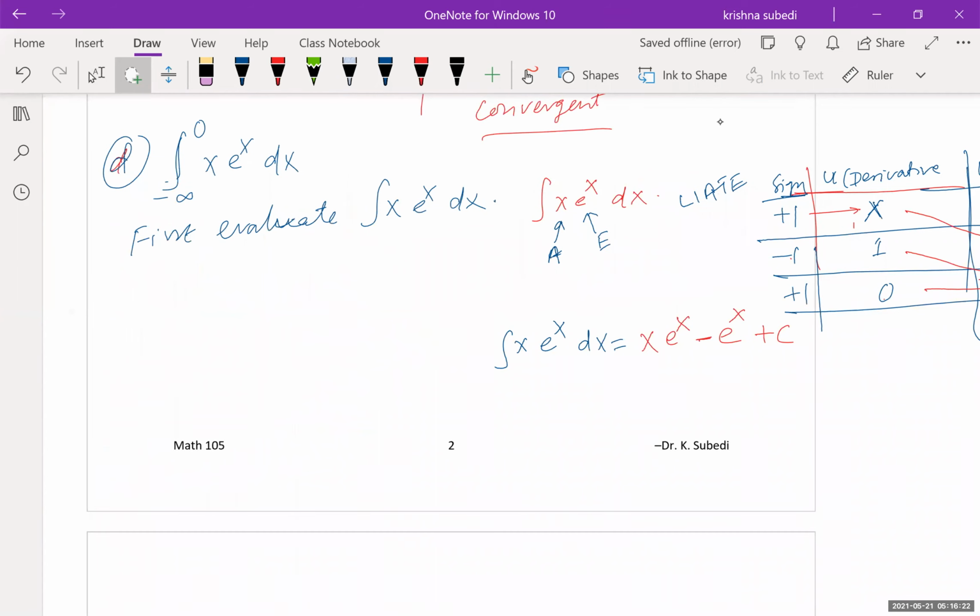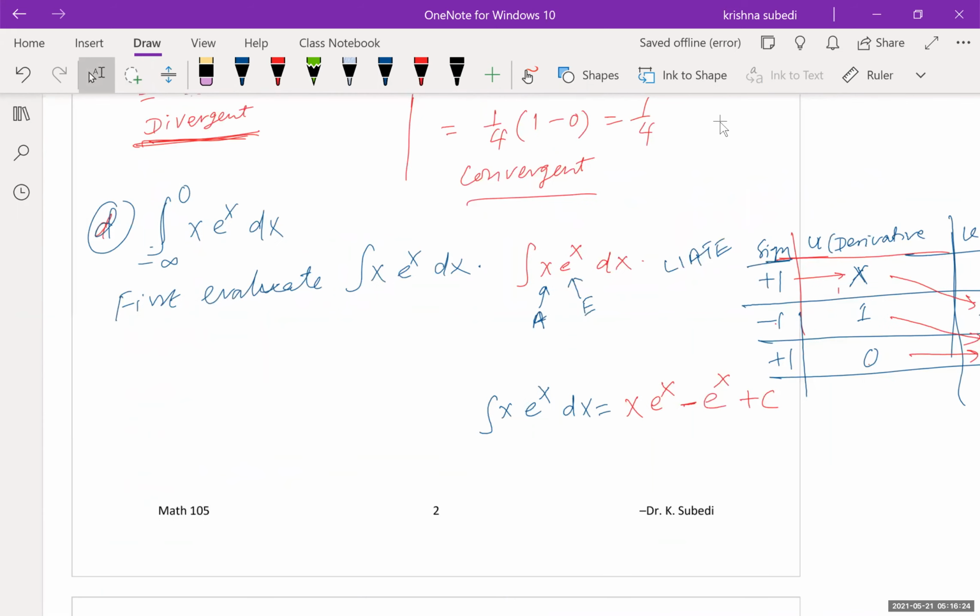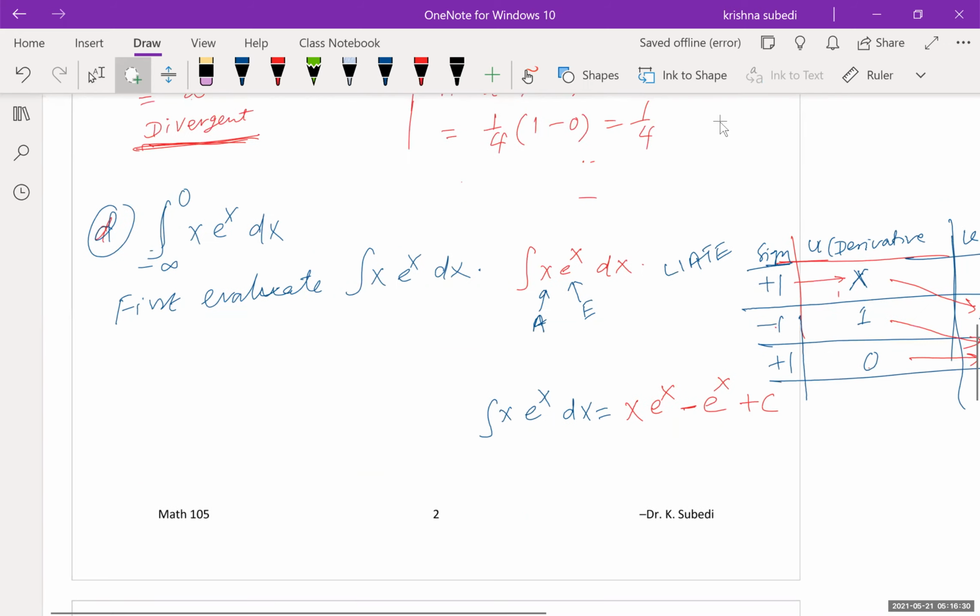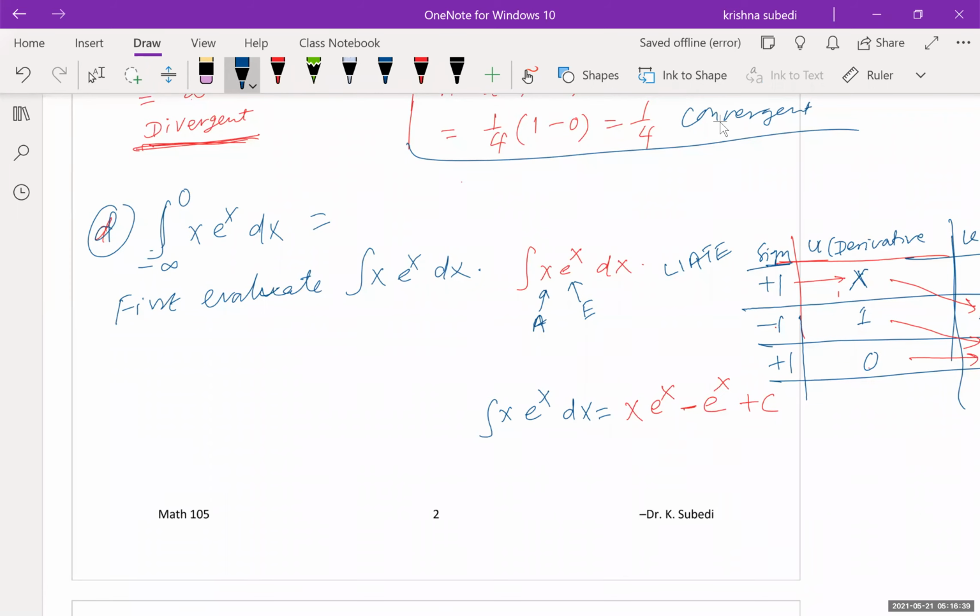Now, one thing though here: first of all, I need to make this a definite integral, which is from a to 0 of x e to the x dx, and I define that with the limit a tends to negative infinity. Okay, now we consider that.